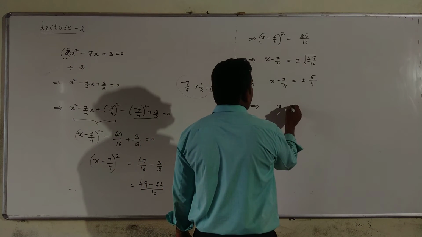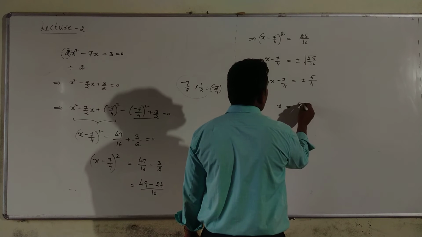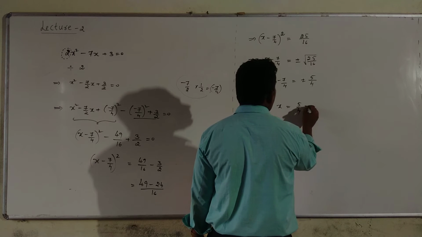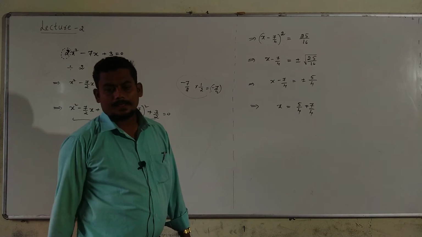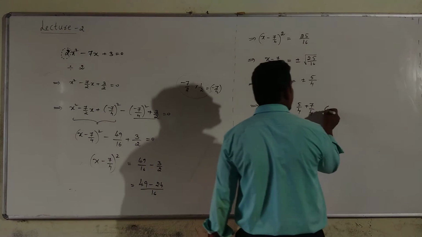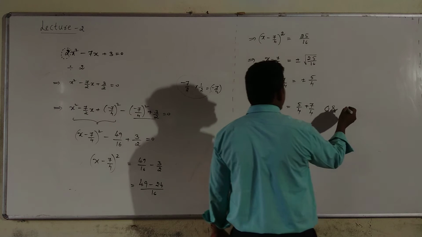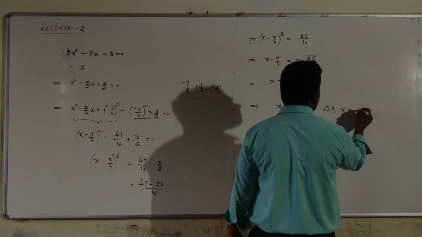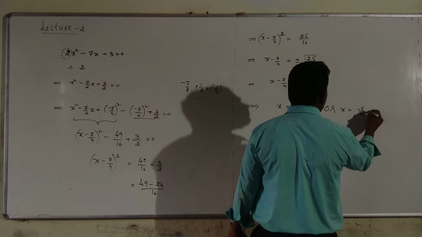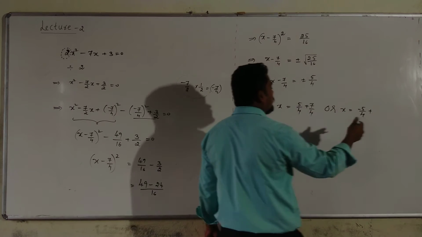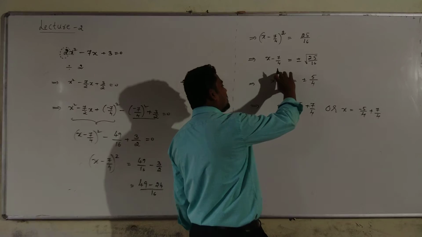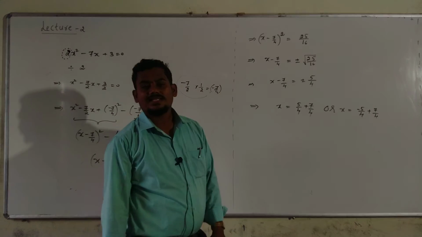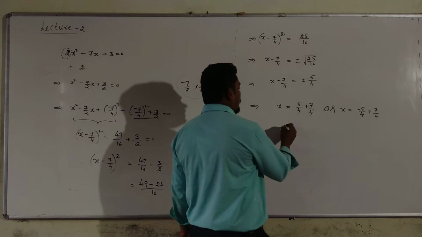Then x equals plus 5 divided by 4 plus 7 divided by 4, that is one possibility. Or consider the negative side, x equals minus 5 divided by 4 plus 7 divided by 4. In both cases it is plus 7 divided by 4, because sending minus 7 by 4 to the RHS makes it plus.